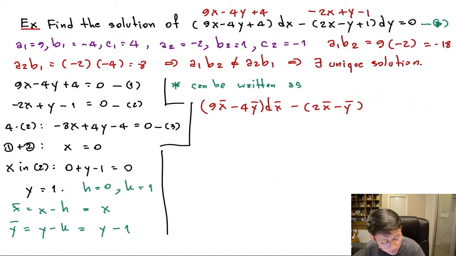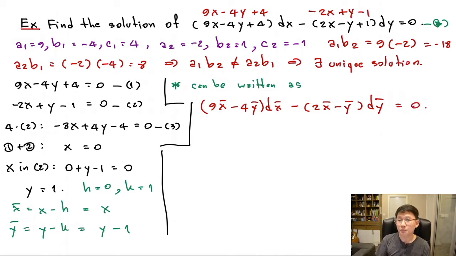And this one, I'll call it double star. And this double star equation is homogeneous of order 1, isn't it?